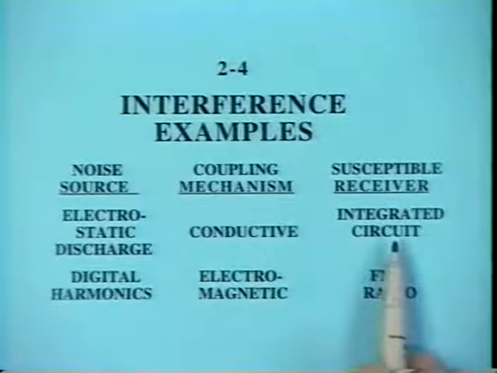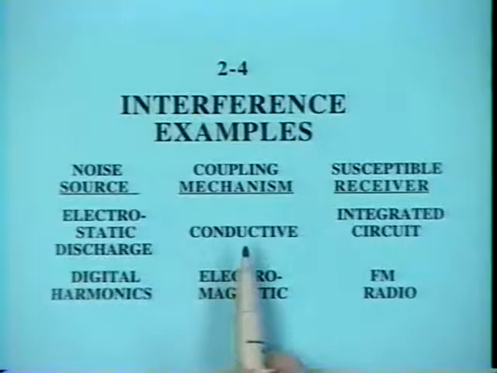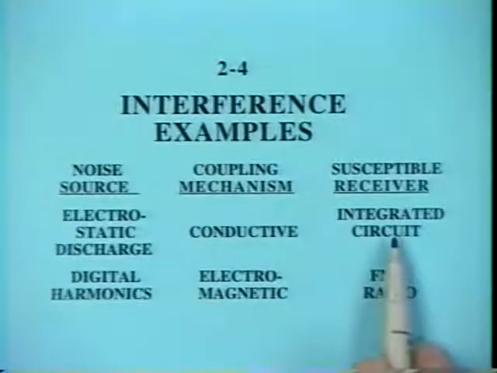Again, if interference damages the circuit or simply resets the circuit, I still lump those into one broad category of interference. In this case, the electrostatically stored energy is the noise source. The conductive path, the finger and the wire and so forth, is the coupling path, the conductor. And the circuit that was susceptible was the integrated IC chip.